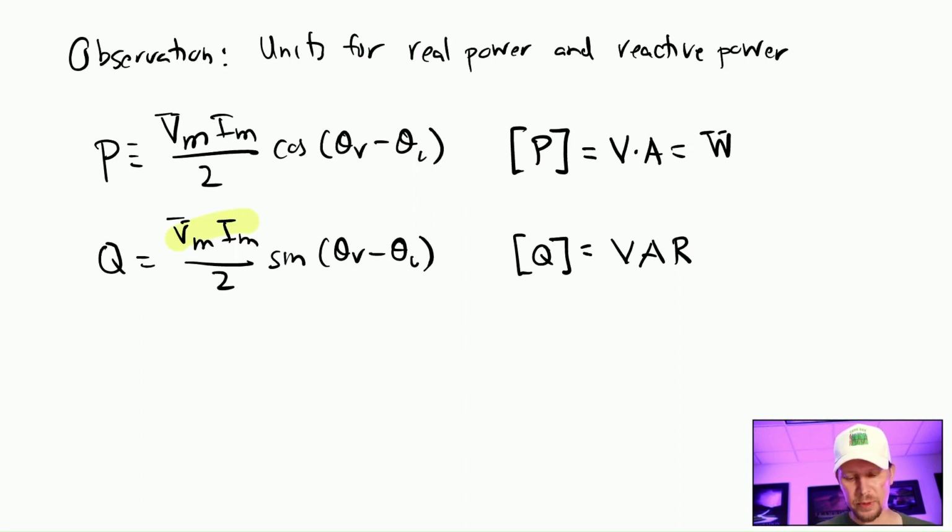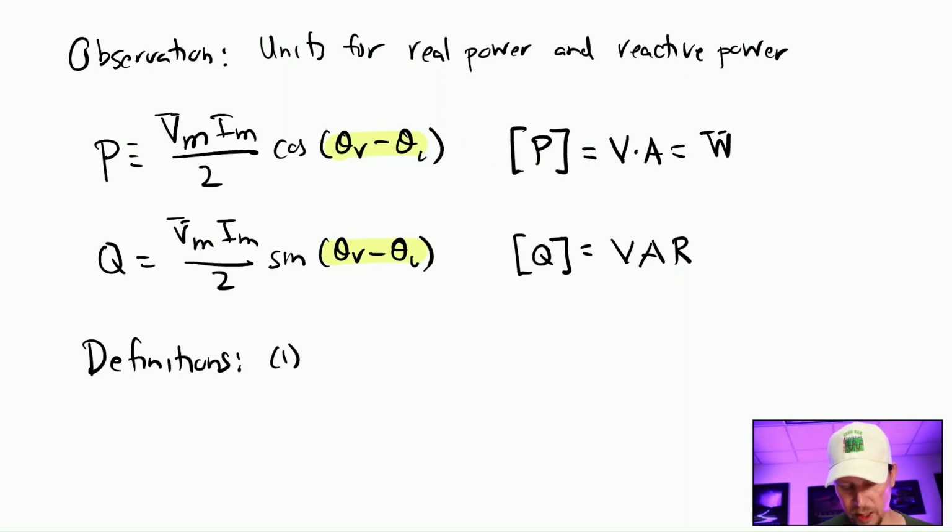One other observation that I really want to make here is notice that this difference of the phase constants for the voltage and the current shows up in these formulas for the instantaneous power. They're pretty important. This also means that they actually have a specific name, which leads me to some definitions.